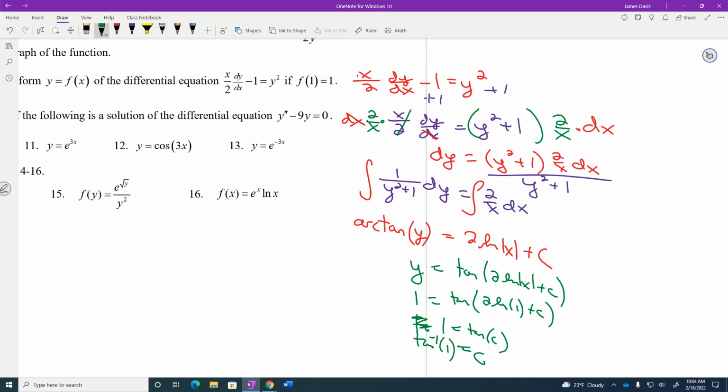So then you have to think, it's a bit challenging, but whenever you have a tangent and it's a 1, you're thinking of where the y over the x is 1. So it's got to be pi over 4.